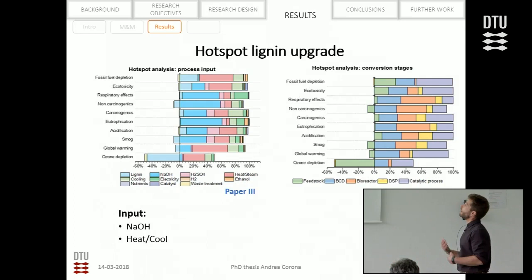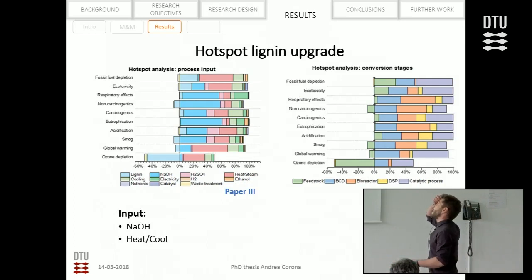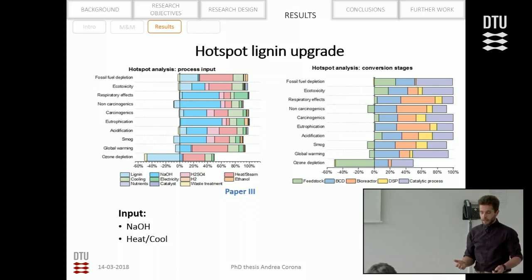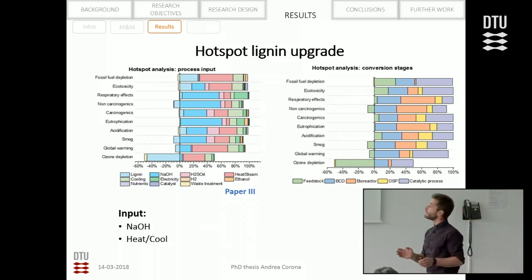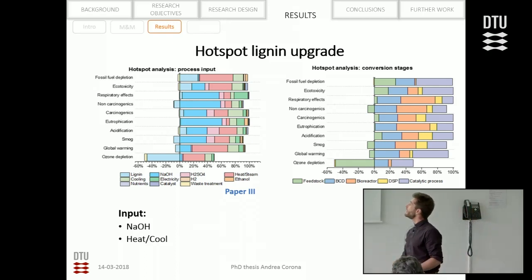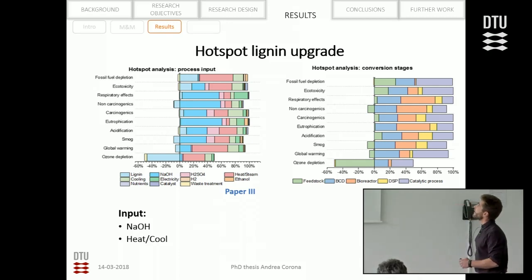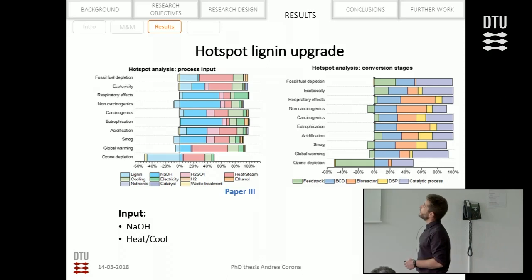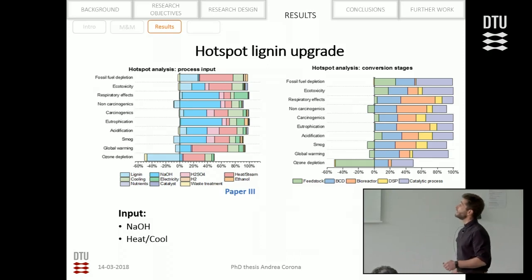Then we can look at the hotspots of this biorefinery. On the left side, I break down the LCA score between the different inputs needed for the biorefinery in terms of material and energy, and on the right side, I divided it by conversion stage. If you look at the inputs, there are two main inputs that contribute to the environmental impact: the sodium hydroxide, the blue group, and the heating duties, which is the red.